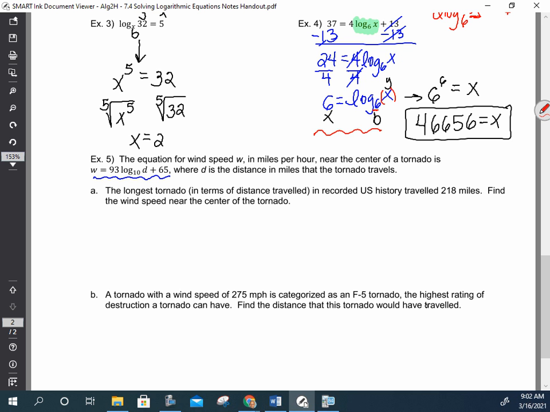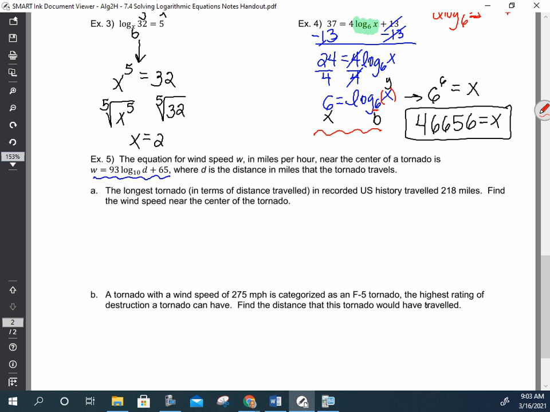So the longest tornado in terms of distance traveled in recorded history traveled 218 miles. Find the wind speed near the center of that tornado. So imagine a tornado going 218 miles. It's going to pretty much rip up everything from Chicago down to just about past Peoria, maybe down to Springfield.